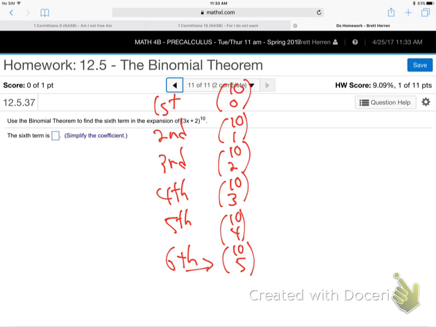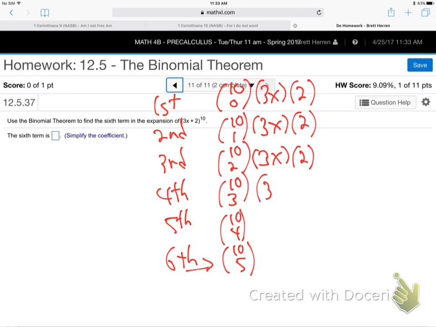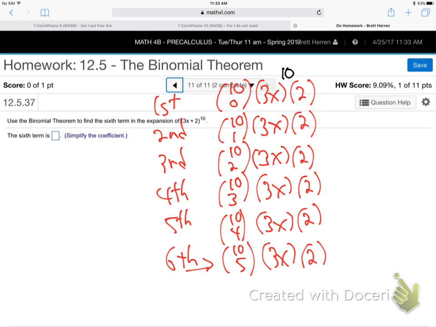So here's the one we want. Let's put the rest of the stuff in and then just follow the pattern. 3x squared, 3x squared, etc. And you start at the 10th power.